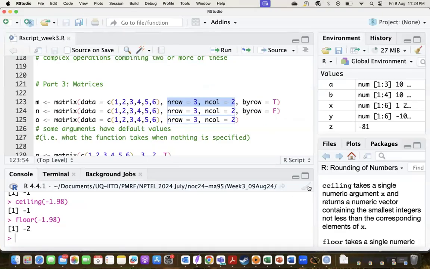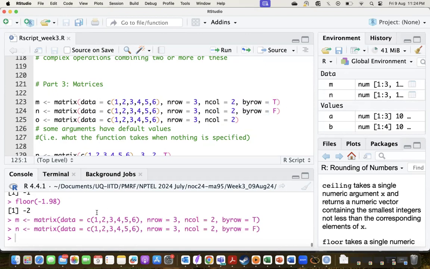Okay, so now what's happening here is I have these 6 numbers, 1, 2, 3, 4, 5, 6. So I can either fill them by row or I can fill them by column. Let's try both. So I say byrow is TRUE or byrow is FALSE. I'm running both of them and I'm saving the matrix to m and n variables.